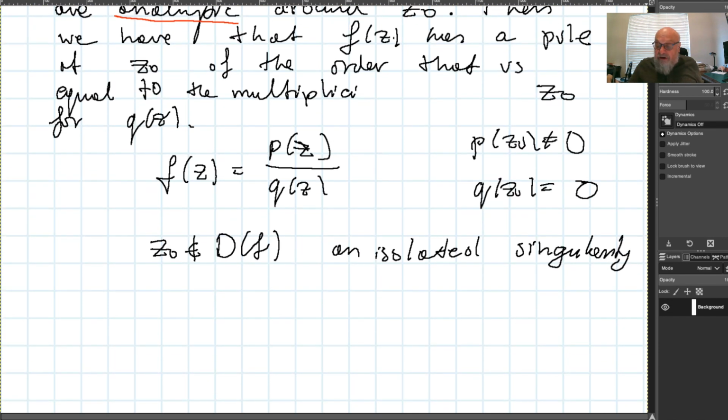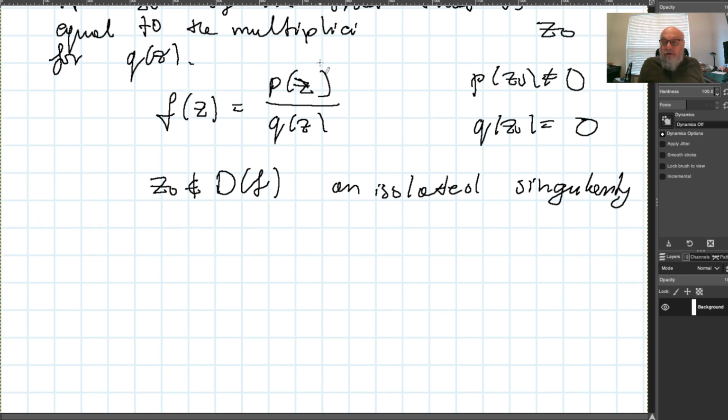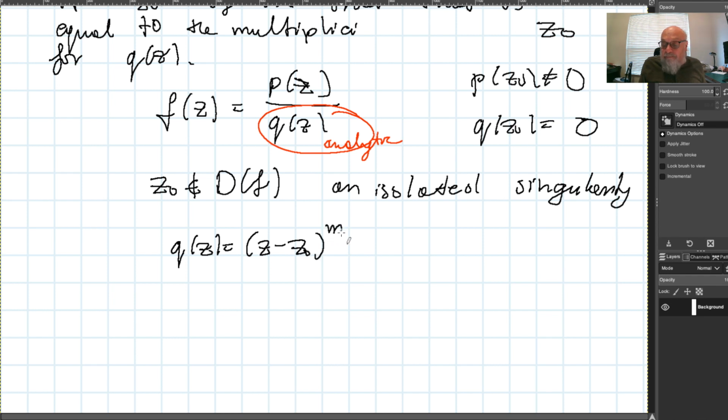So in order to determine the type of this singularity, we just look at that one and say, yes, it comes from a zero of an analytic function. This is analytic, this is zero. So this is a division by an analytic function, so it must be a pole. And then you look at what kind of pole. Q of z can be written as z minus z0 to the power n, where n is the multiplicity of the zero, times another function g of z, and here g of z0 is different than 0.